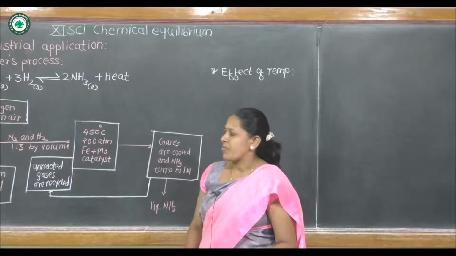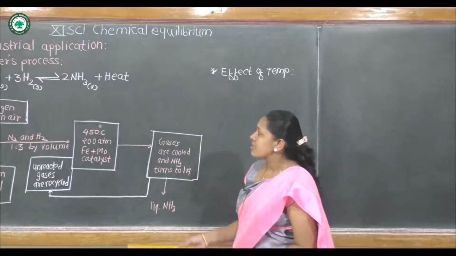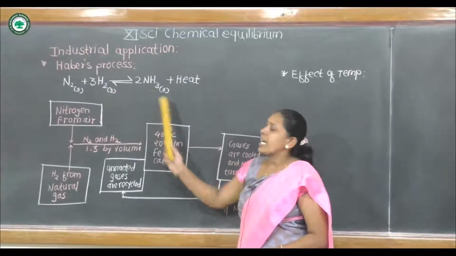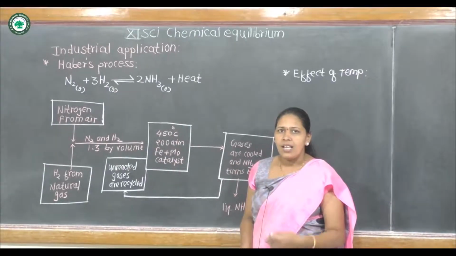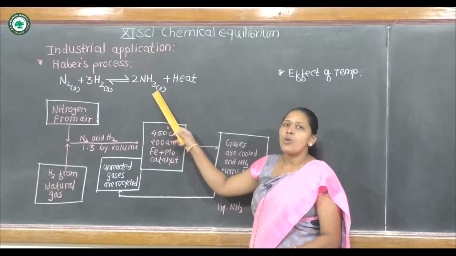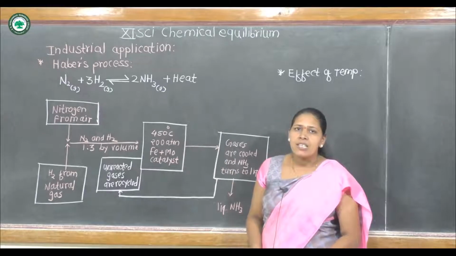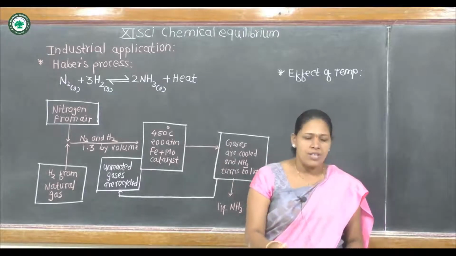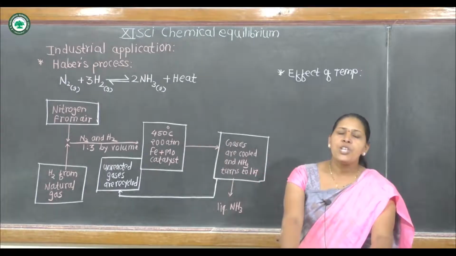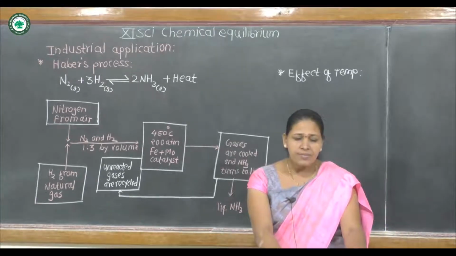Formation of ammonia is an exothermic reaction. That means when nitrogen and hydrogen are reacted to form ammonia, along with ammonia heat is evolved. That is, this reaction is exothermic. That means formation of ammonia is the forward reaction, which is exothermic.